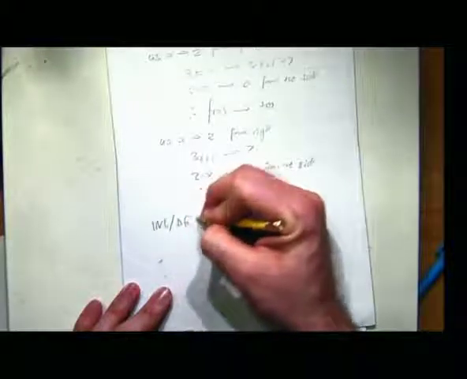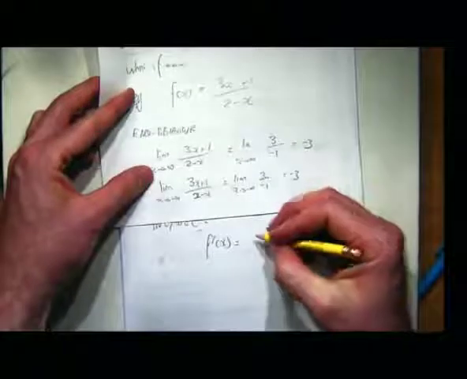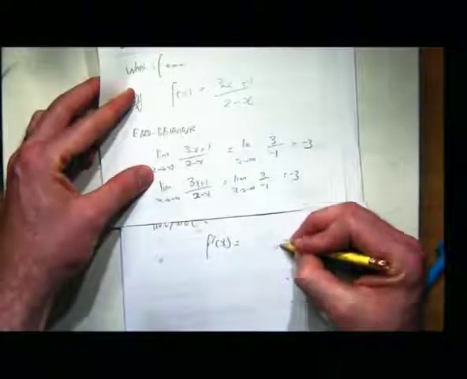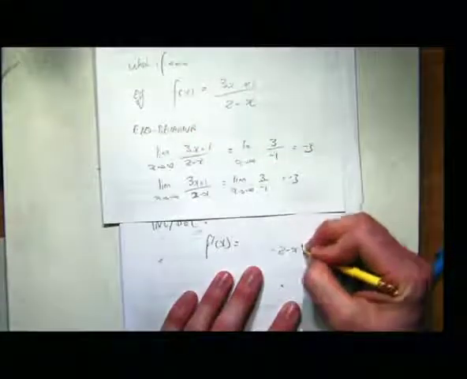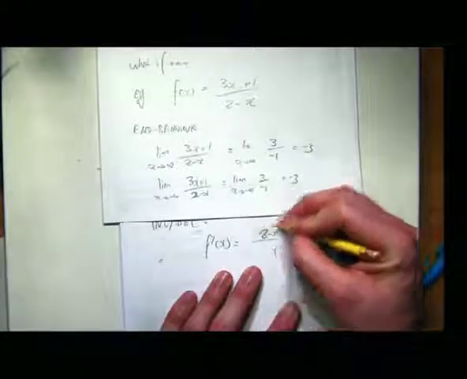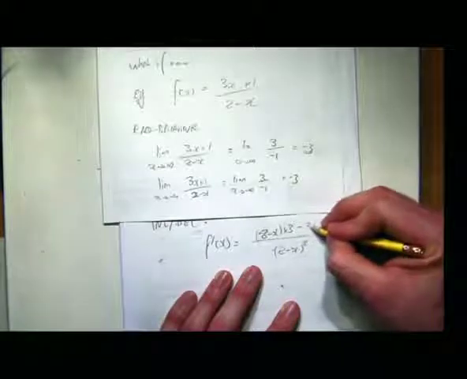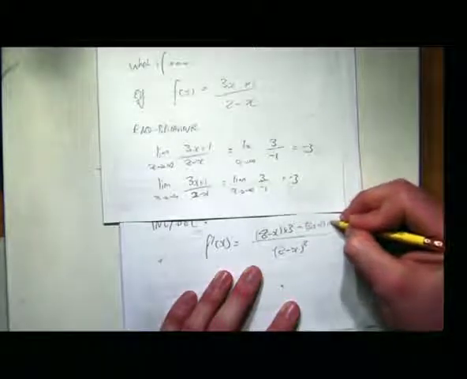Increasing, decreasing. So f dashed x, let's see, f of x was 3x plus 1 on 2 minus x. So we've got the bottom squared, keep the bottom, differentiate the top, then keep the top, differentiate the bottom.